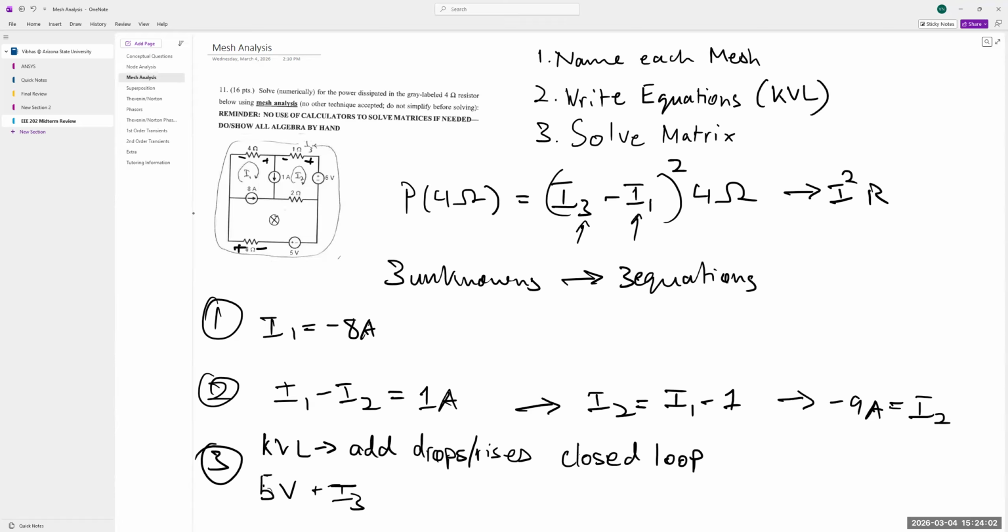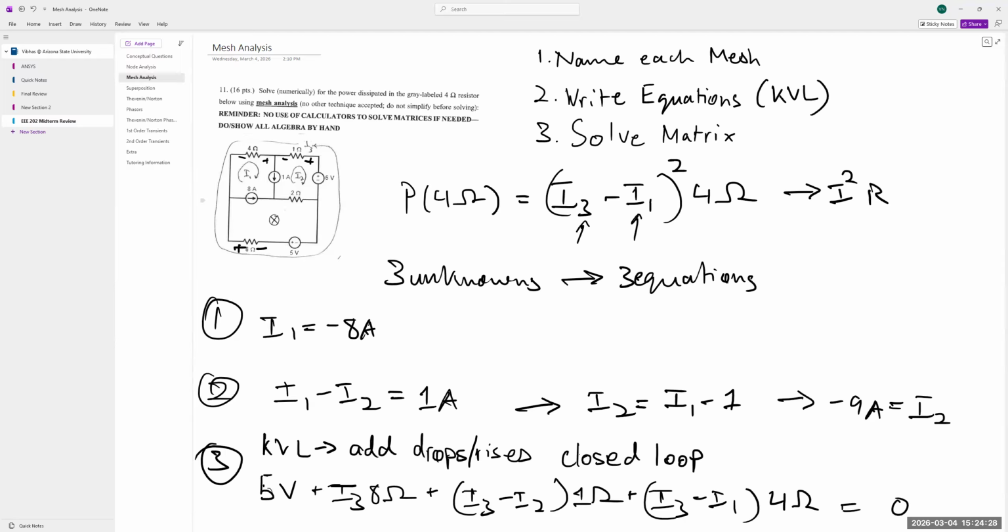Plus I3 times 8 ohms, plus (I3 minus I2), since I2 is going against I3 in this case, times 1 ohm, plus (I3 minus I1) times 4 ohms.